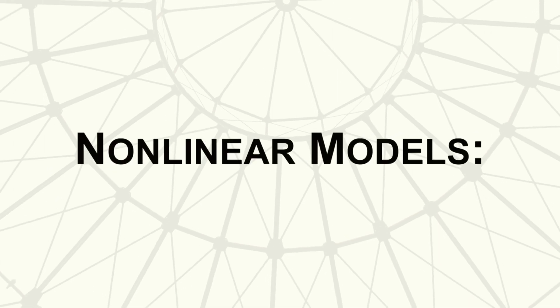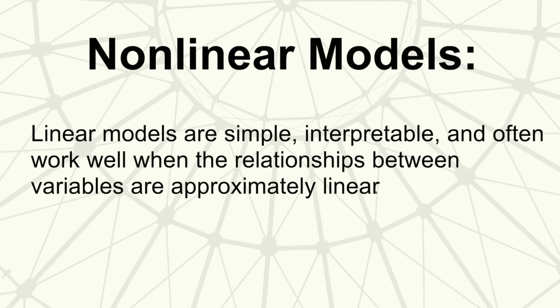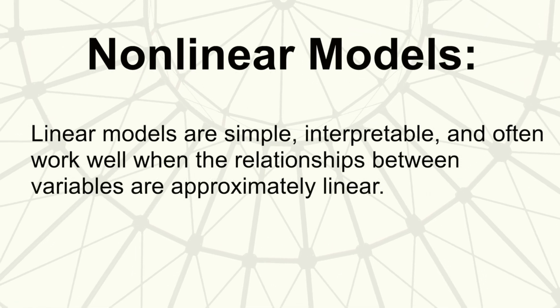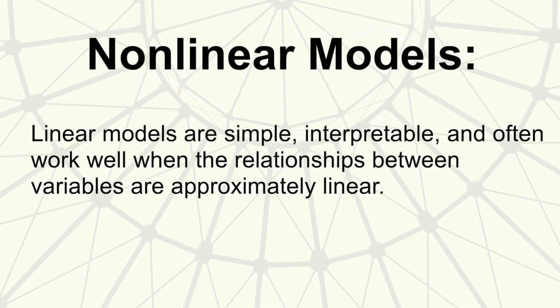Non-linear models capture complex relationships that cannot be adequately represented using a linear combination of features, meaning they do not form a straight line pattern, or a pattern of y equals mx plus c, where we have a gradual slope or an intercept. These do not follow those types of patterns.